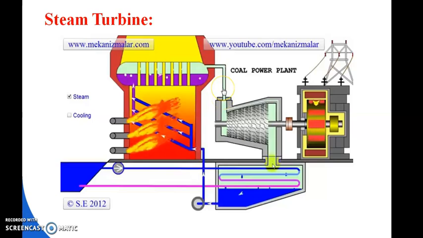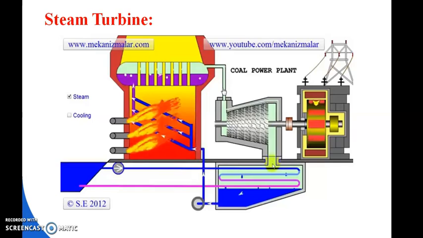The steam coming out from the boiler will have very high pressure, high temperature, as a whole high enthalpy, and that steam enters the nozzle. And nozzles are of different types. We shall discuss later on.